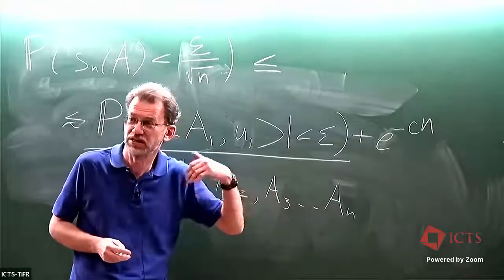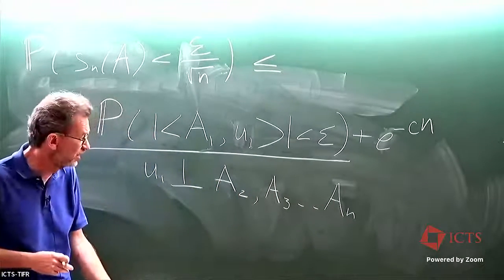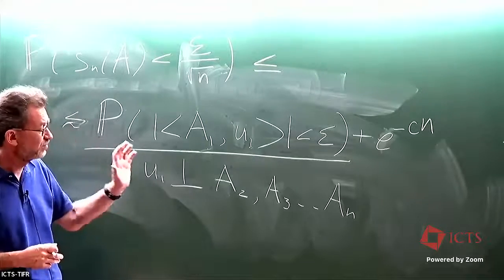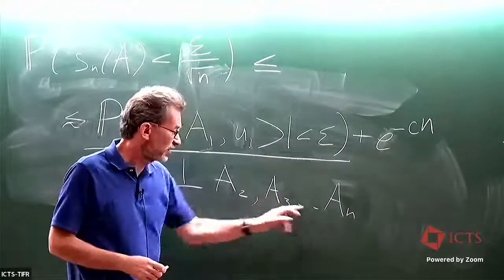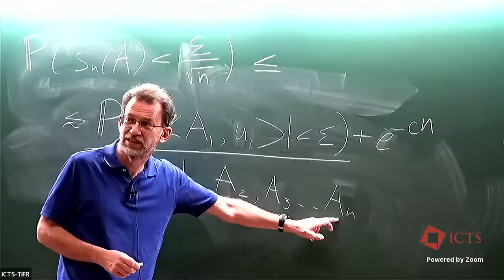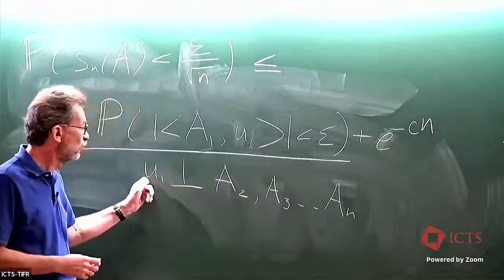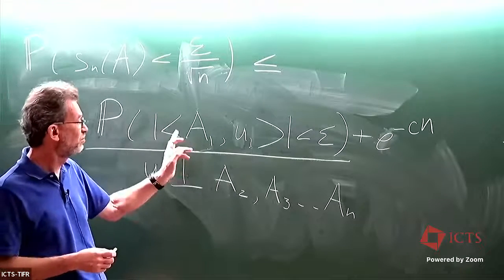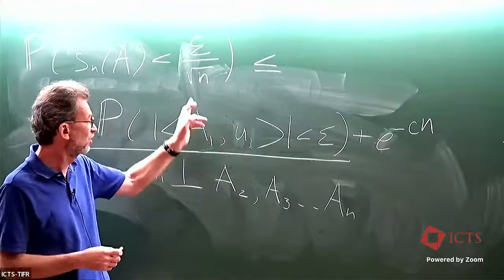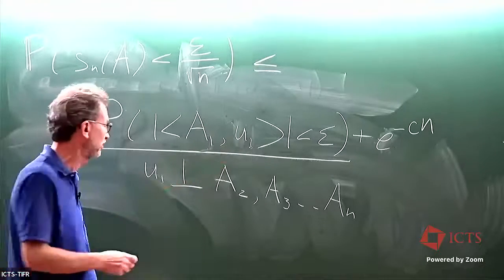In particular, it's independent of A1, which means that if I condition on the other columns of the matrix, I can regard u_1 as a fixed vector, and we have the inner product of a random vector and a fixed vector.